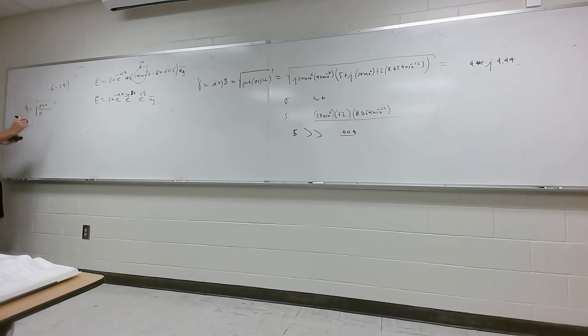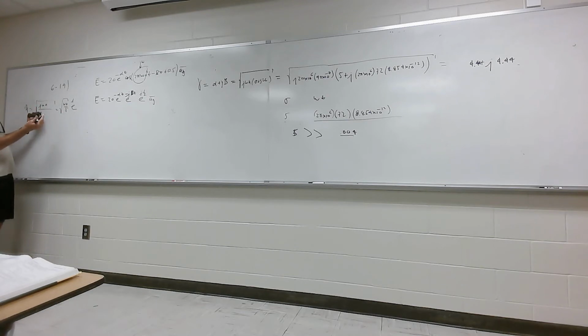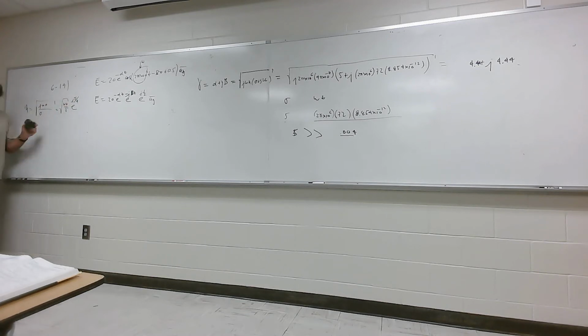So what we're going to see is, we're going to have square root of omega mu over sigma, and then the angle will be e to the j. It would be 45 degrees, but because we're going to keep it in radians, this would be pi over 4, right? Because the square root of j is really equal to, I mean, j is e to the j pi over 2.